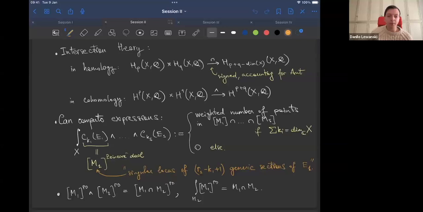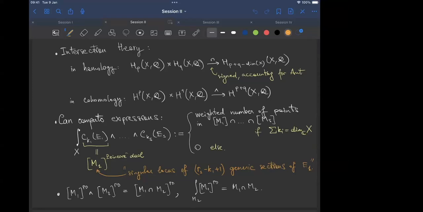And now this would correspond in cohomology to something that goes from the pth cohomology group times the qth cohomology group, and now you take the wedge product and you go to the (p plus q) cohomology group.